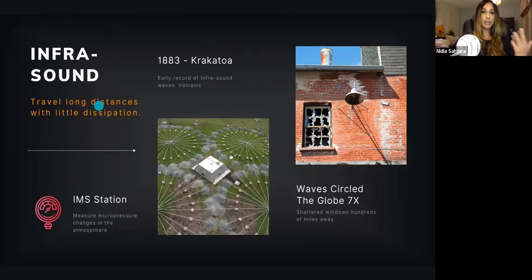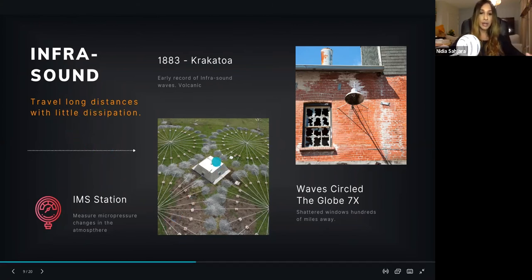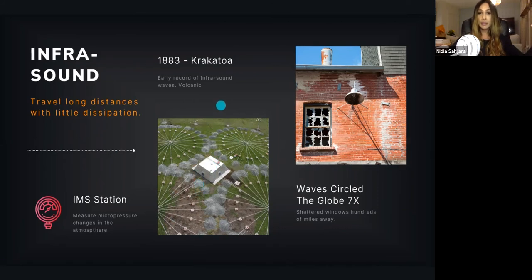The reason infrasound is good to look at when it comes to nuclear weapons detection is that it travels long distances with very little dissipation. This is an IMS station that measures the micropressure changes in the atmosphere. But again, this is not something new. In 1883, there was an infrasound occurrence that was actually volcanic.